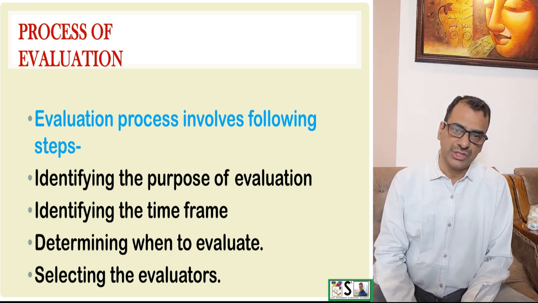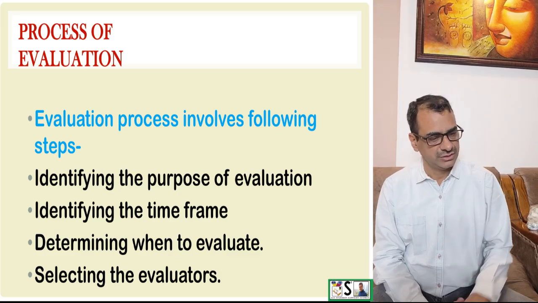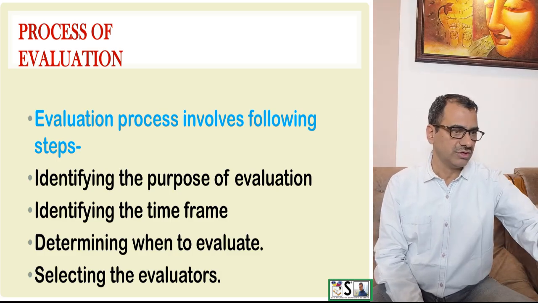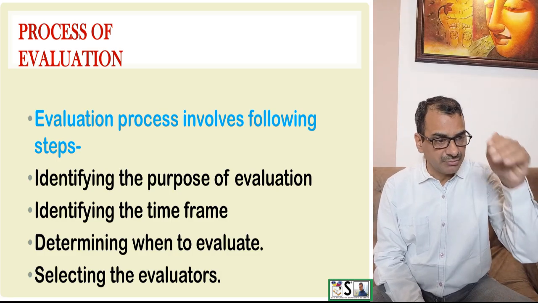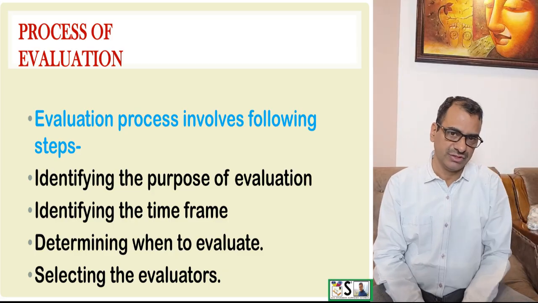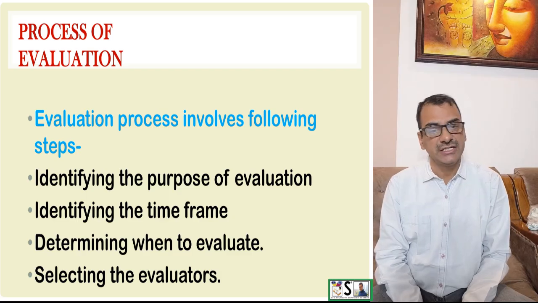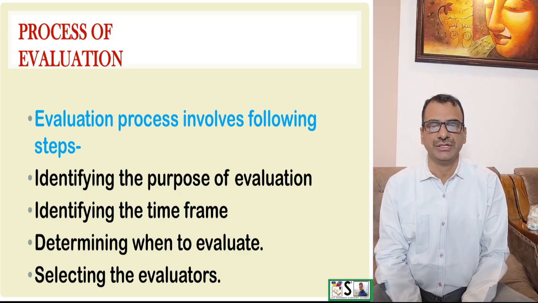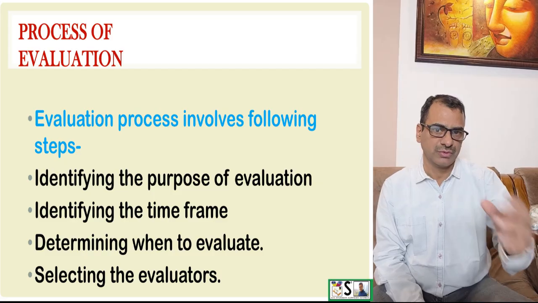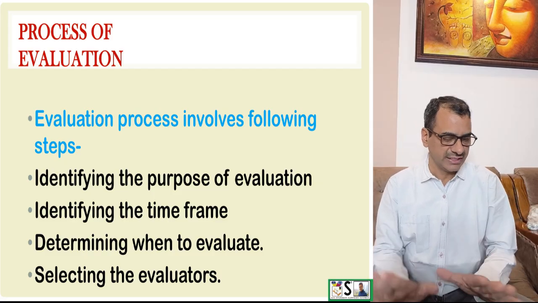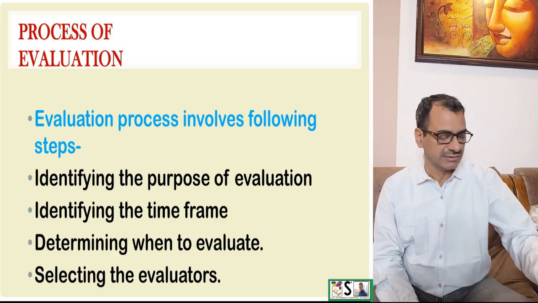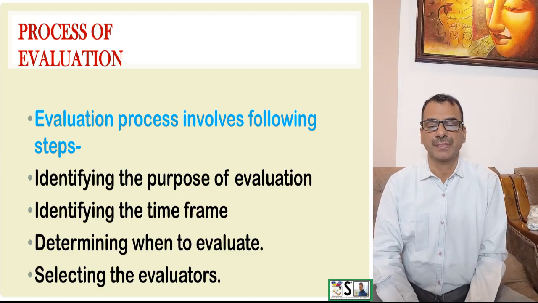Determining when to evaluate, ongoing evaluation or the evaluation in the mid of activity or at the end of activity, this we can decide. Then selecting the evaluators, who will evaluate. Okay, so supervisors or evaluators we select and then we ask them to do their work.